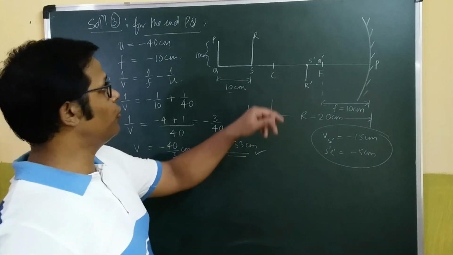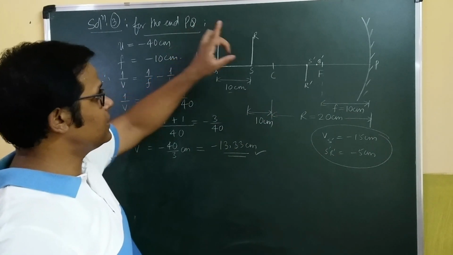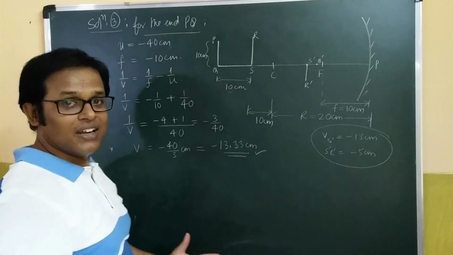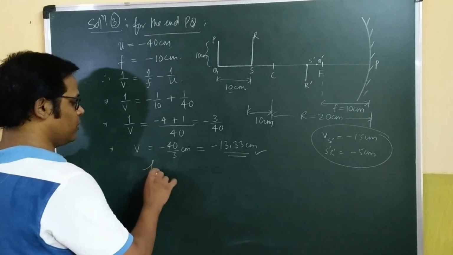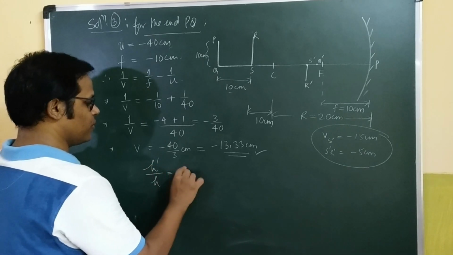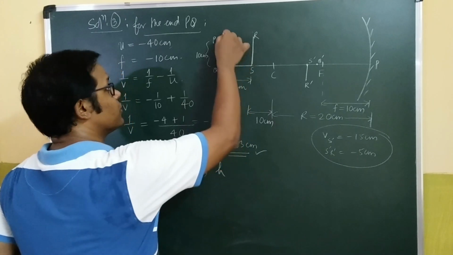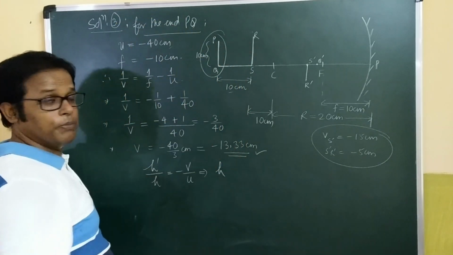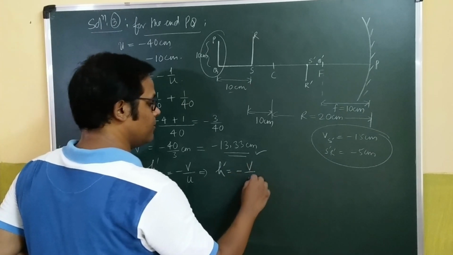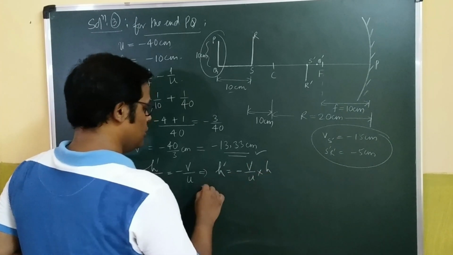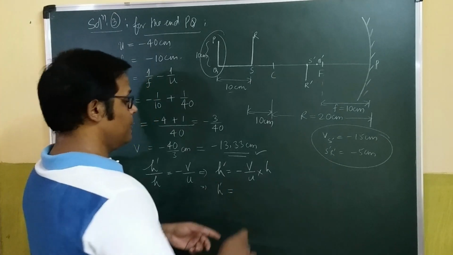Okay? The Q prime. Let us quickly calculate what would be the height of this part. Definitely much more diminished. I think most of you easily guessed it, or maybe you even got the answer. H dash by H equals minus V by U. So I'm trying to do it for the PQ part right now. H dash should be equal to minus V by U into H. Put in the numbers. Is that visible to all of you? Absolutely.